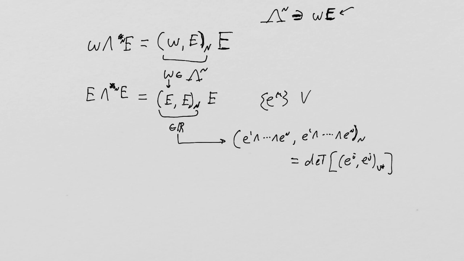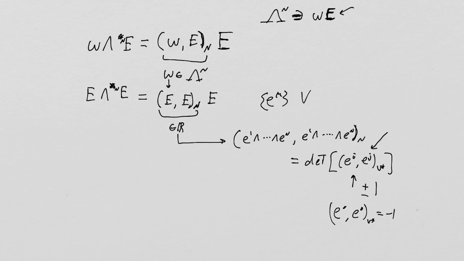This all depends very much on this inner product, but it's ultimately easy to figure out, especially if we're dealing with this pseudo-Riemannian inner product space, because every one of these terms is going to be plus or minus 1, right? For example, in our classic Lorentzian space, E0, E0 in V dual was equal to minus 1.